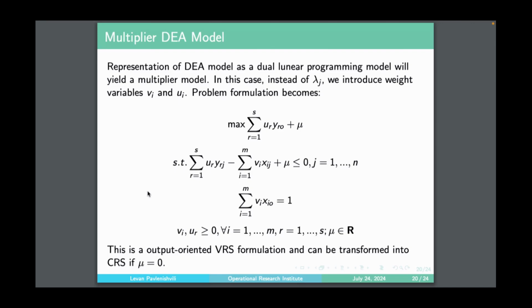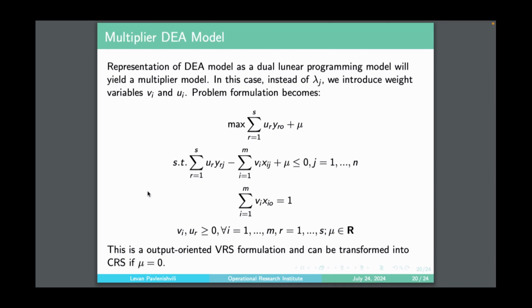And then I am also adding this constraint, which says that the multiplication of all my weights with my inputs should be exactly 1. So my weights among inputs should be distributed so that I get 1.